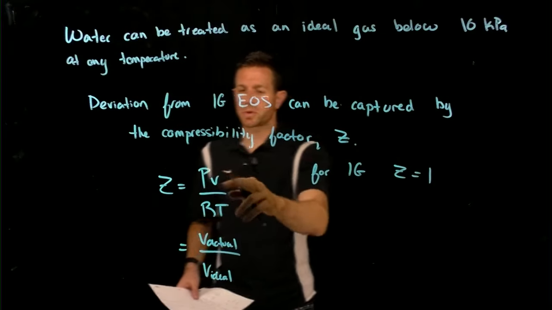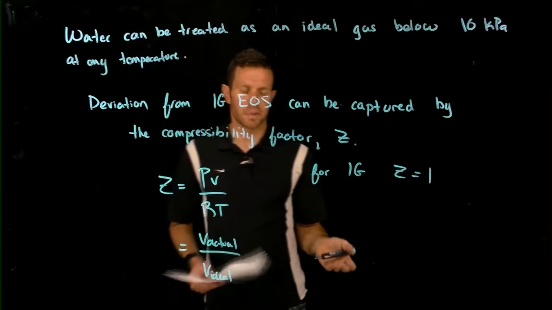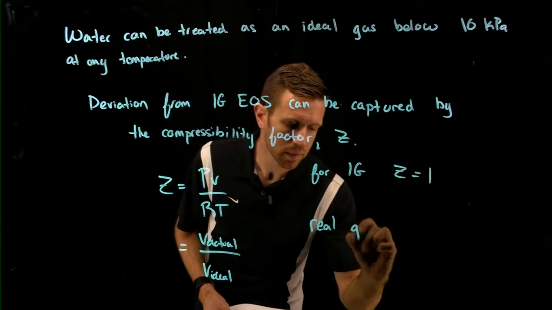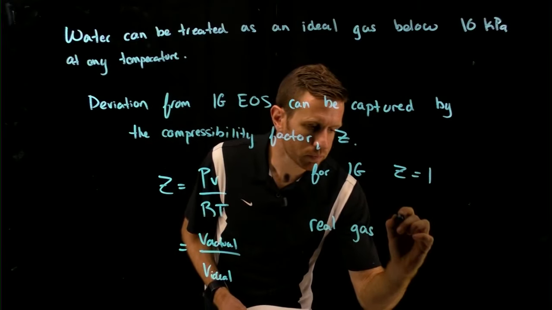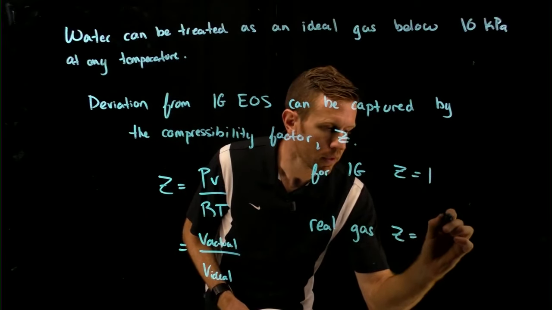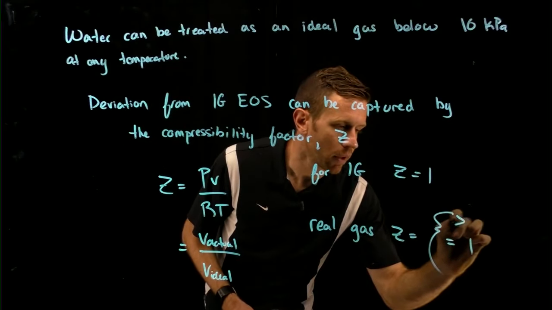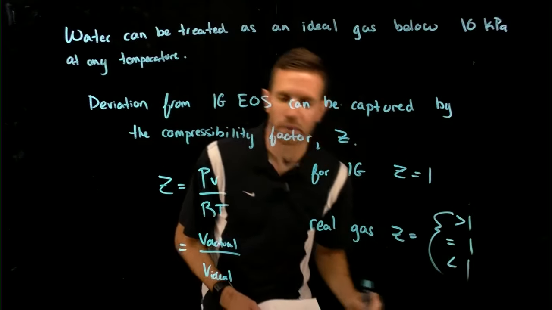And when Z equals 1, you will see that we end up with the ideal gas equation of state. For real gases, Z can be equal to 1, it can be greater than 1, and it can be less than 1.